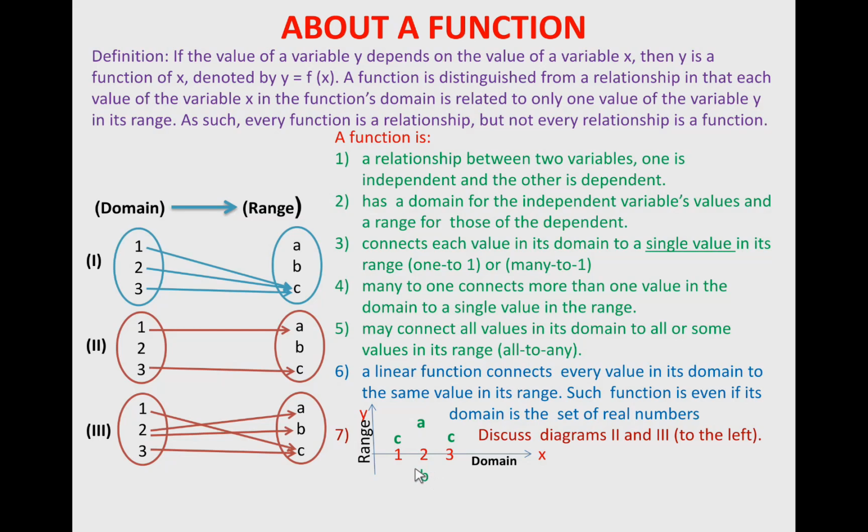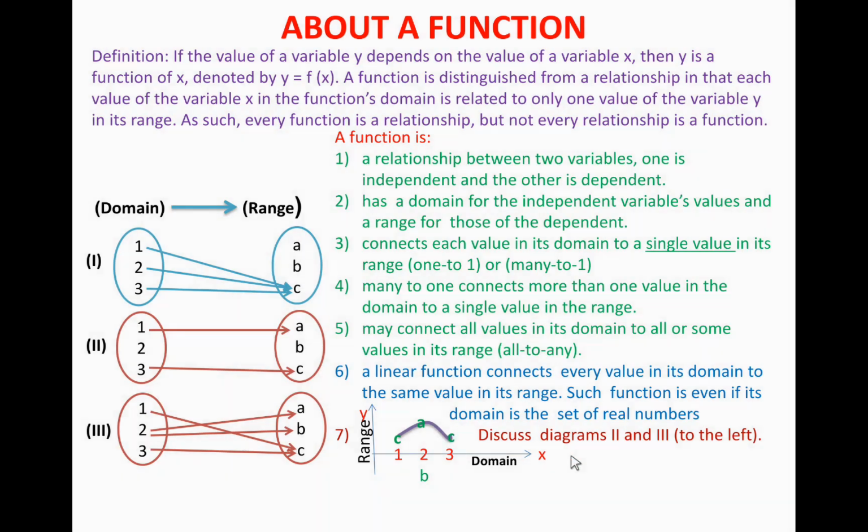Now if we want to draw the function, we could go from 1, which has a y value equal to c. We go up to a, and then we come back to c, and that way we will draw the curve.